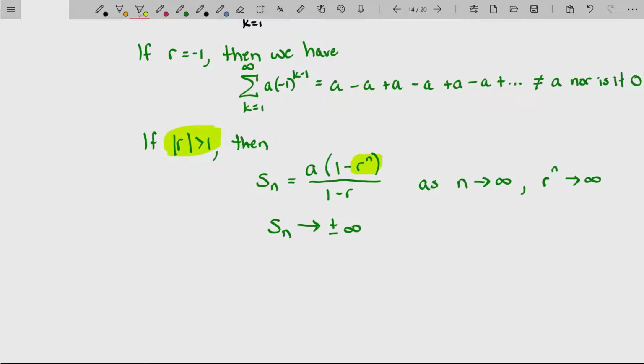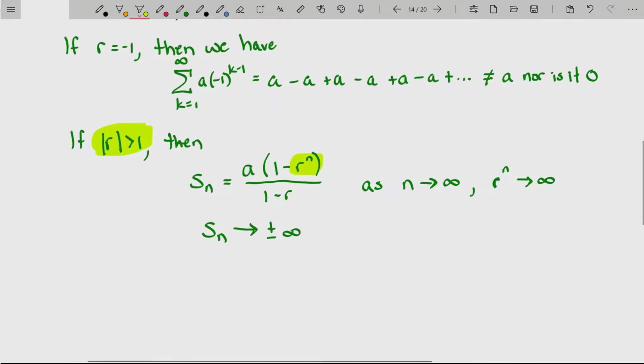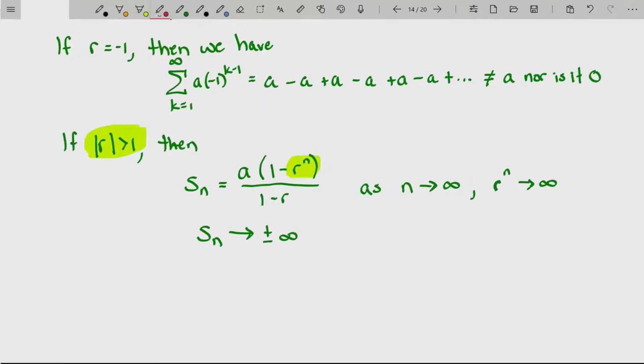You could test that out, by the way. Grab a calculator and try a value of r like, let's say, 1.1 to the 100th power. That's not even an infinite power, right? It's not even anywhere near a huge power.